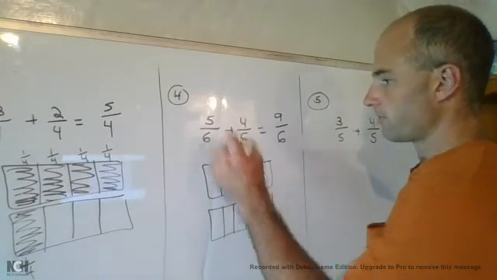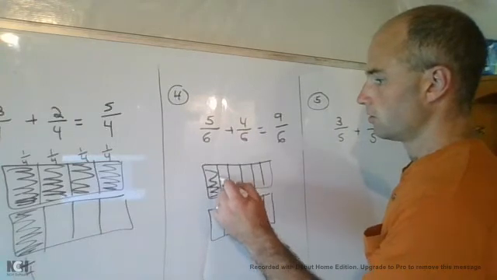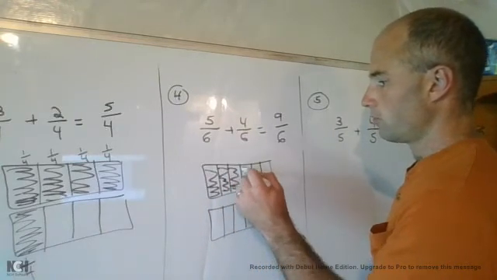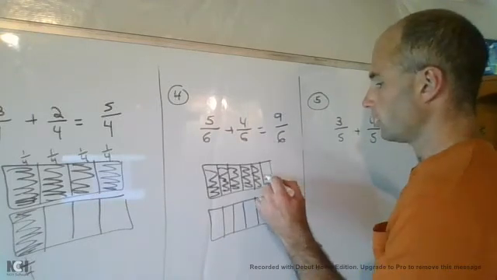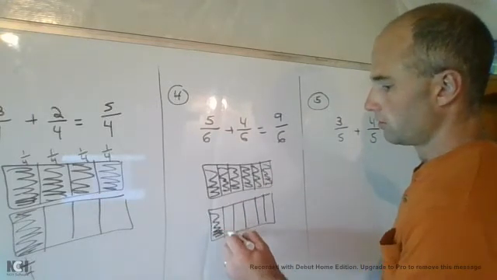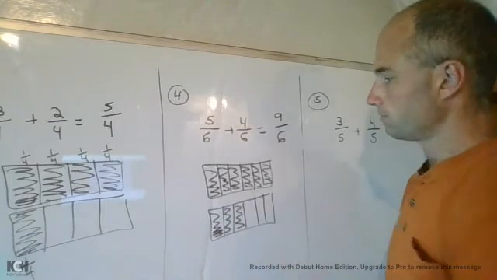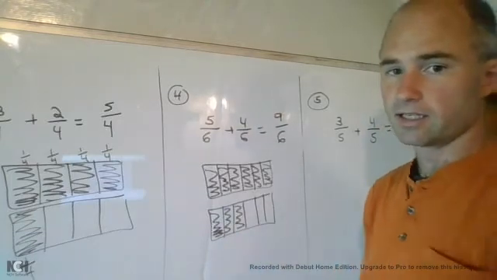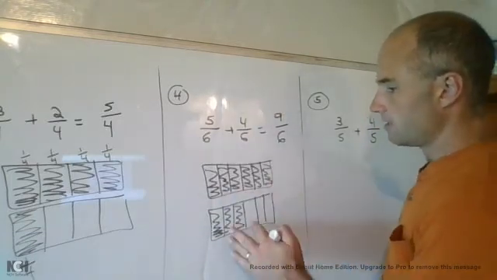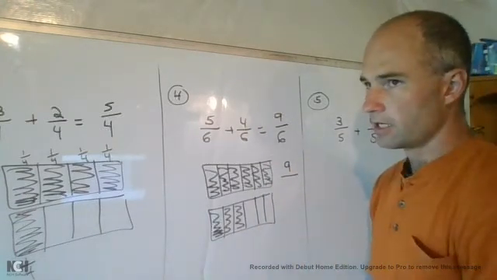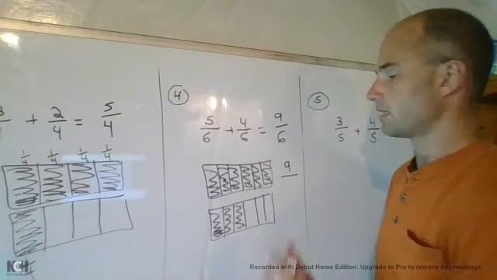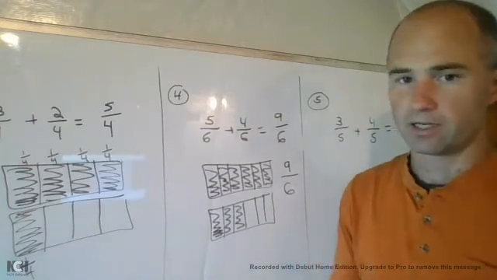I'm going to shade in 5 of them. 1, 2, 3, 4, 5. And then I'm going to shade in 4 more. 1, 2, 3, 4. Now I can see I have 9 shaded in out of each box being broken up into 6, being my denominator, 9/6.